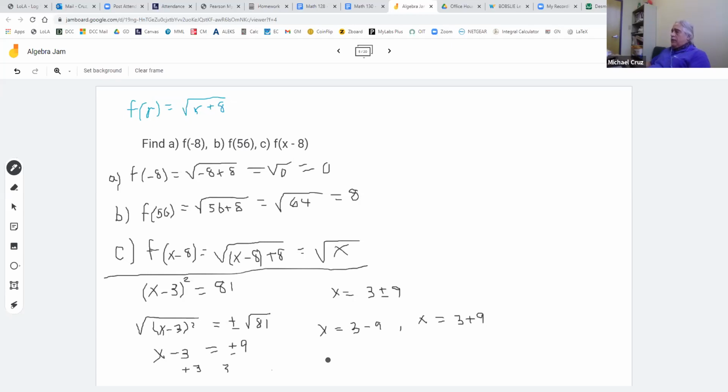All right, so x is equal to -6. Okay, and you can kind of see this. We could just check these. The 12 is easy enough to check because 12 minus 3 is 9. 9 squared is 81. -6 minus 3 gives us -9. -9 squared is also 81. So both of these are the solutions.